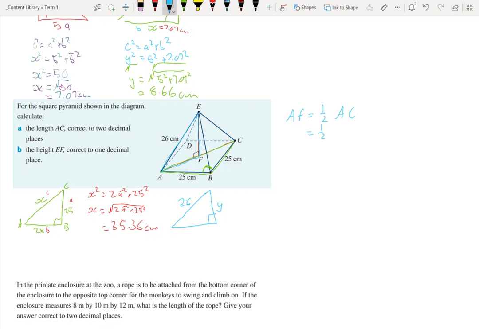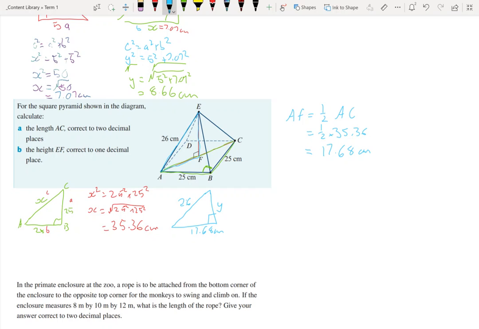And we figured out AC was 35.36. Which, if we put it in, times answer, got 17.68 centimeters. So that would be 17.68 centimeters.